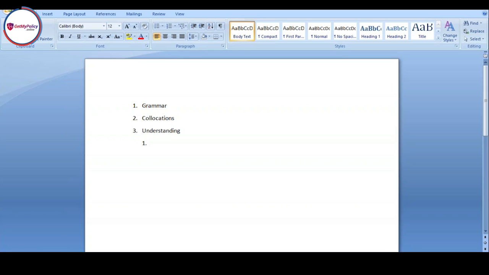Number one, under grammar: have you noticed that any time after the word "to", if there is a blank, that blank will always contain either the first form of the verb, like go, follow, do, or the first form plus ing.